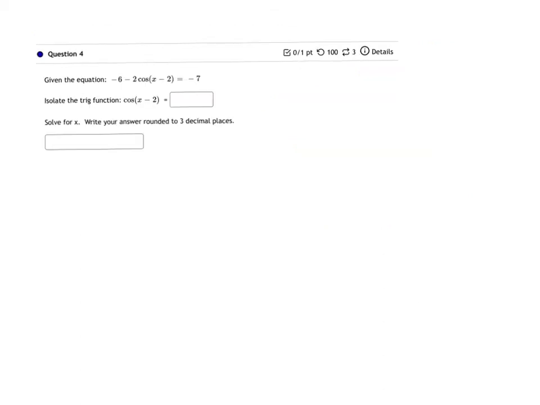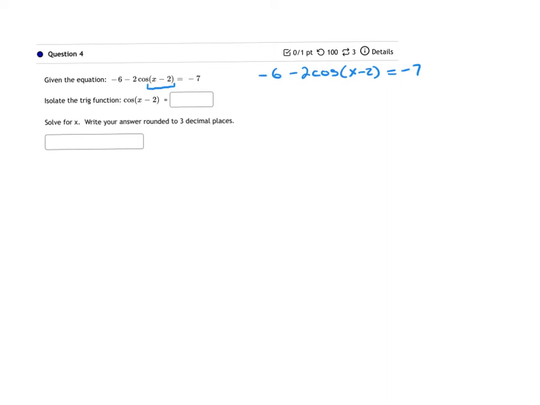Okay, let's take a look at another cosine question. This one's just a little different because in the parentheses after cosine, we don't just have x, we have an expression, x minus 2. So let's take a look at how to solve this. I'm going to start with my original equation, -6 minus 2 cosine of (x minus 2) equals -7.